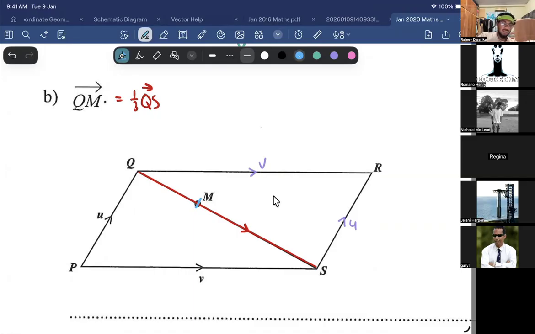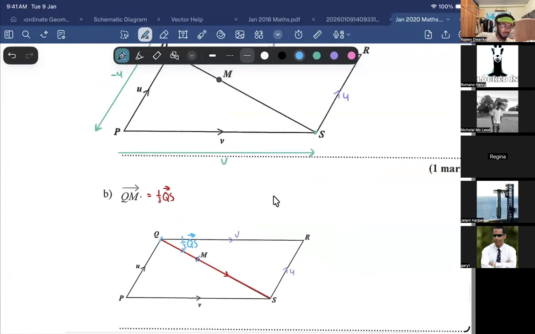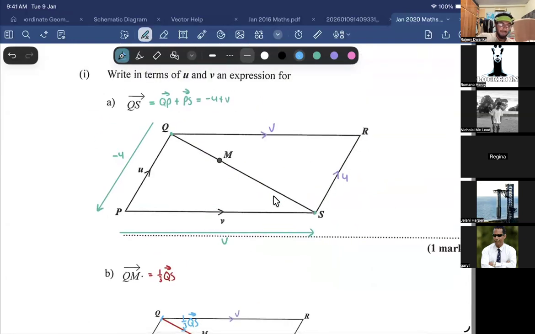Yes, sir. But Q to M is how much of those parts? A third. So that'll just be a third of Q to S. That's all. Do we know what QS is?